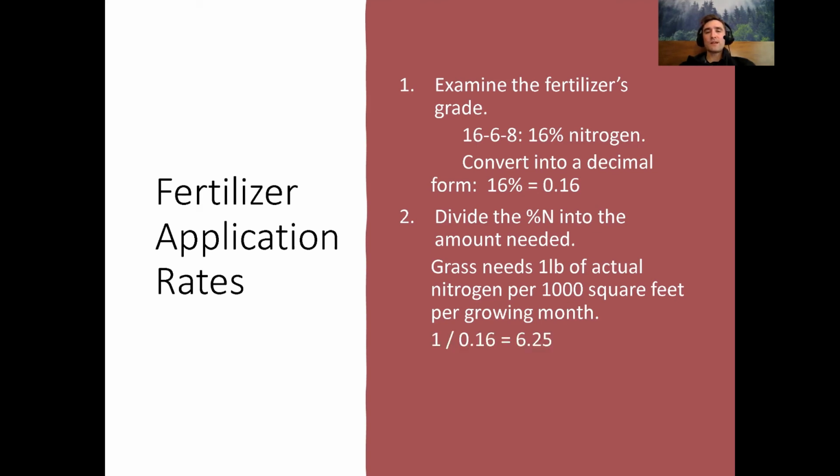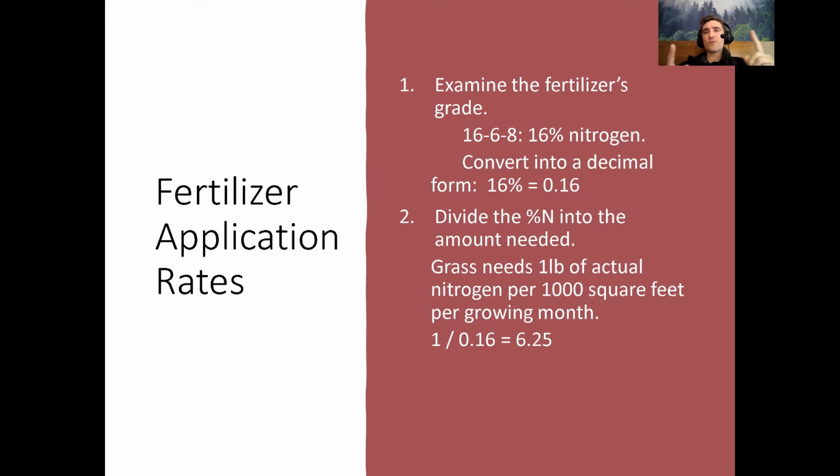So we take 1 divided by 0.16. We divide 16% into the amount we need, which is 1 pound. And that is a shortcut, which will then tell us that what we need is 6.25 pounds. 6.25 pounds for what?